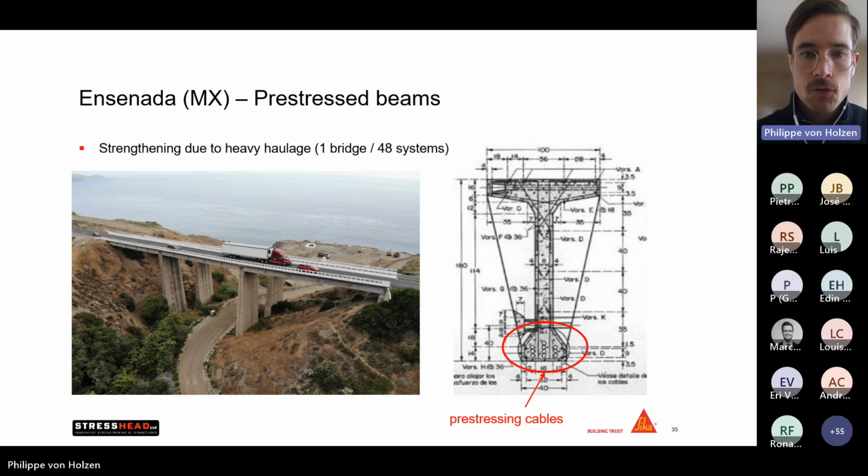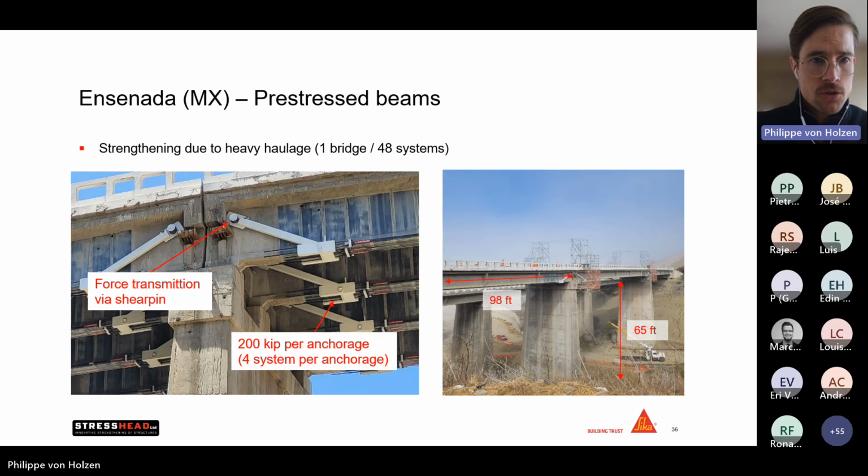So it was very clear from the beginning that we could not touch any of this area to introduce the force, because that's always the first thing we ask ourselves: how can the post-tensioning force be introduced in the structure? This picture shows a little bit of what we did.